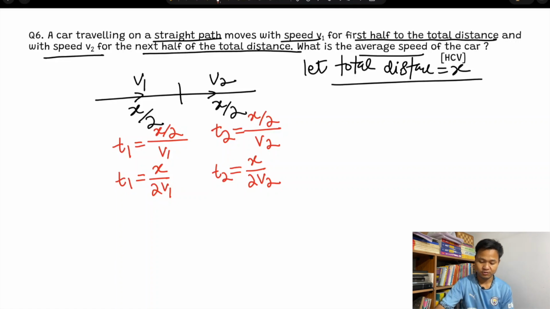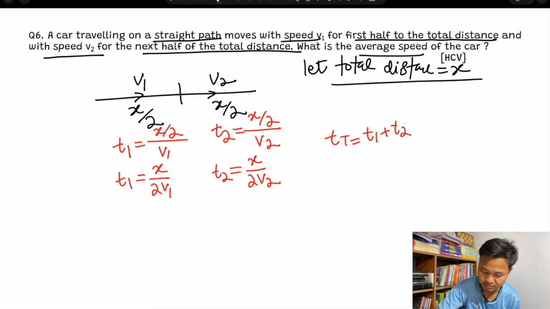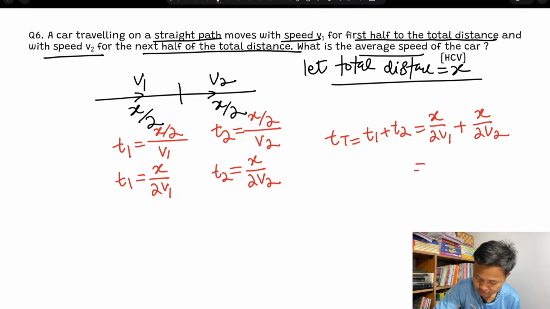Total time is t1 plus t2, which is x by 2v1 plus x by 2v2. I take x by 2 outside and have 1 by v1 plus 1 by v2.